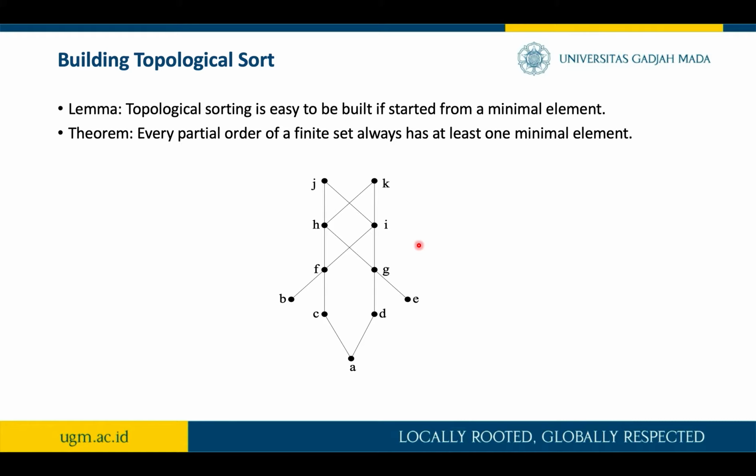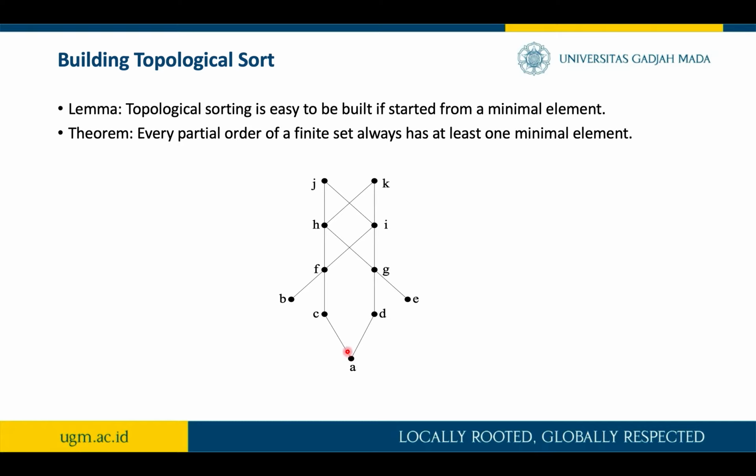The minimal element here is the element for which there is no other element that is smaller than it. So there are three minimal elements in this partial order.